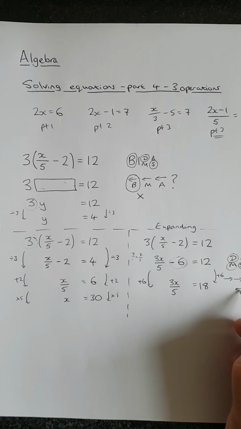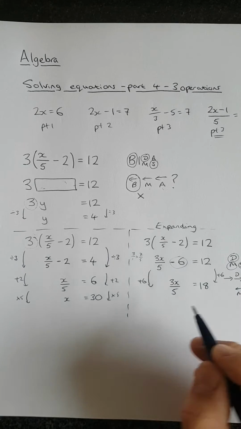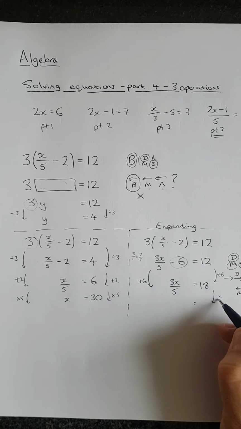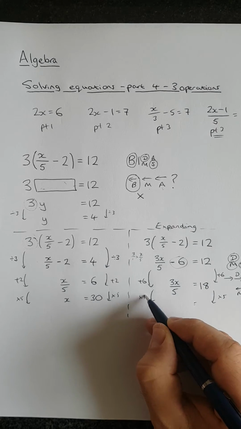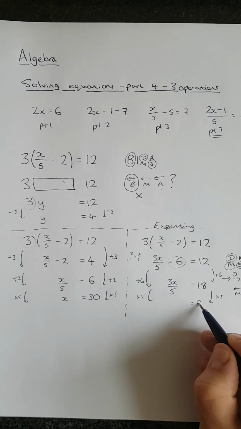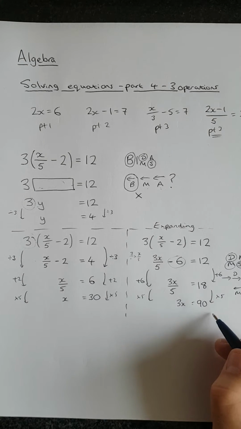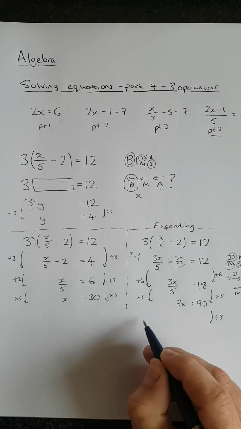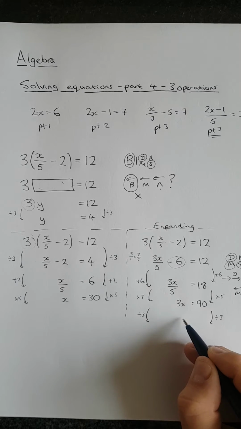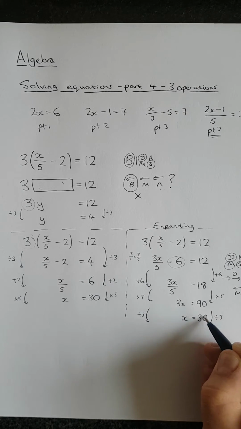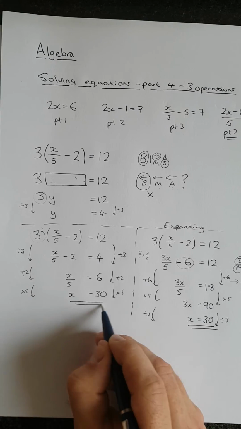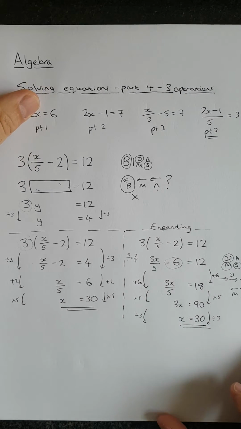I'm then going to multiply by 5 to get rid of the fraction, because I like to get rid of the fractions. That takes me to 90, and that takes me to 3x. Then when I divide by 3, lo and behold, I come out with the same answer.